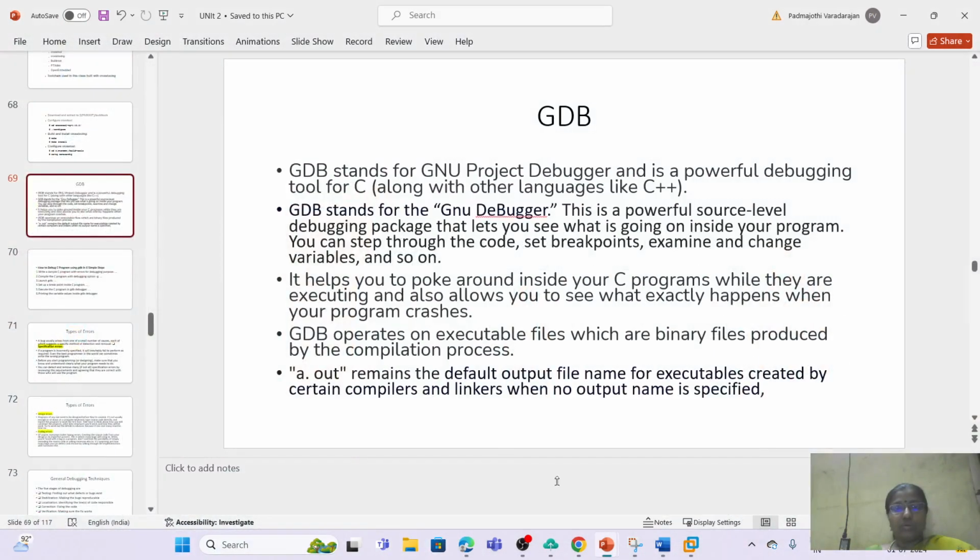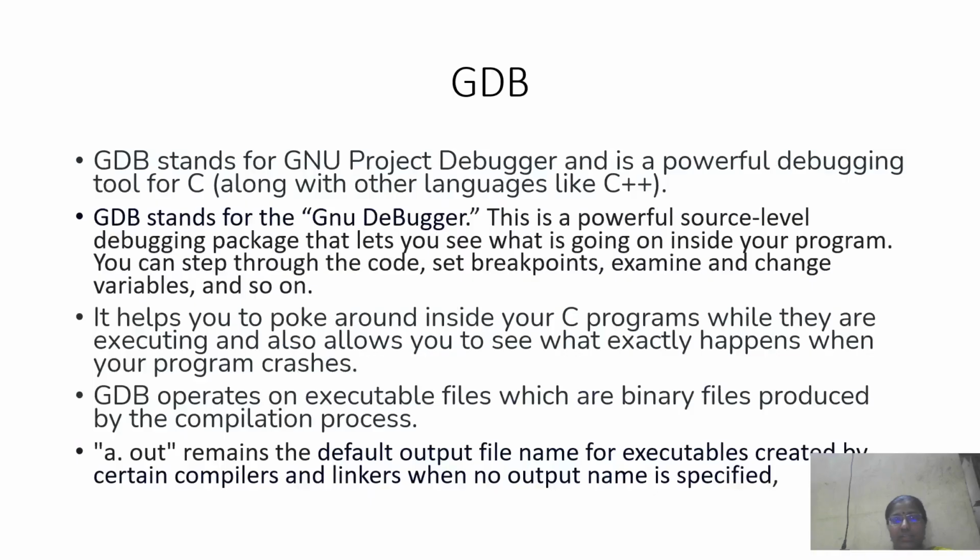In this video we will be seeing how to debug a C code using Linux. GDB stands for GNU Project Debugger, and it is a powerful debugging tool for C. This is a powerful source level debugging package that lets you see what is going on inside the program.